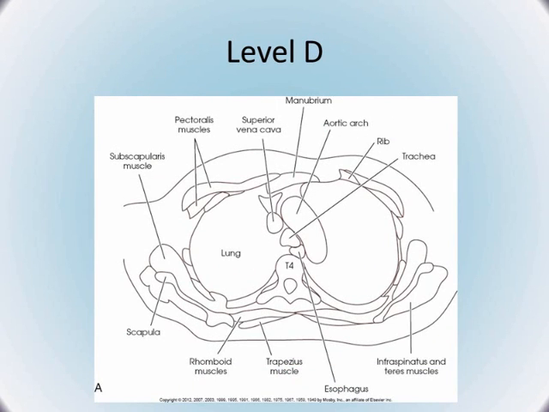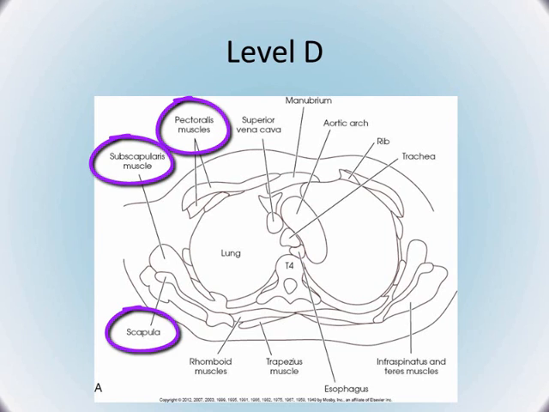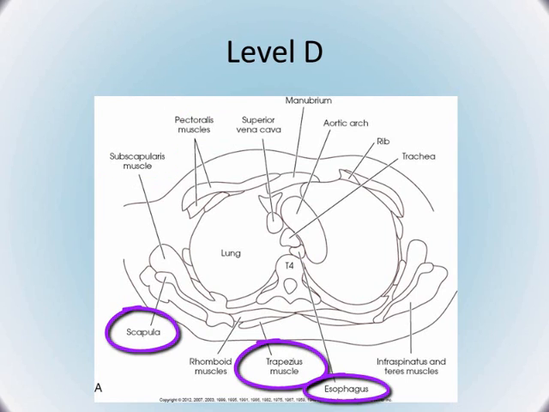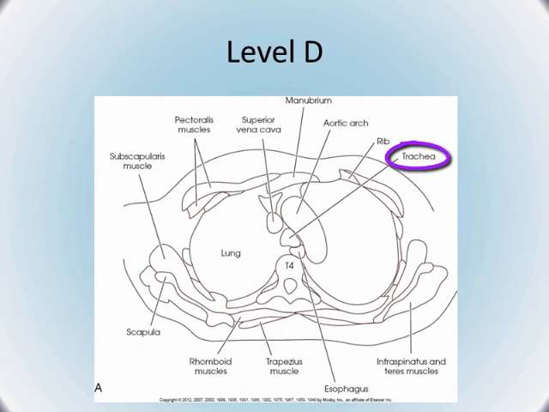At level D, we're at the level of T4 with this image. The pectoralis muscles, the subscapularis muscle, the scapula, trapezius muscle, the esophagus, and the trachea, the rib, the aortic arch, and the manubrium.